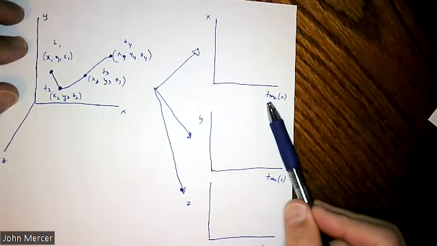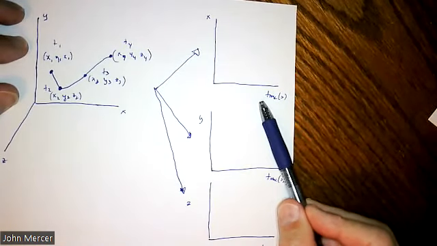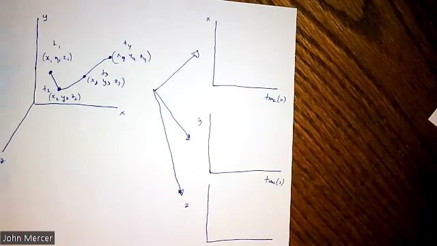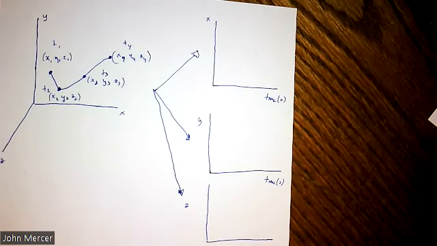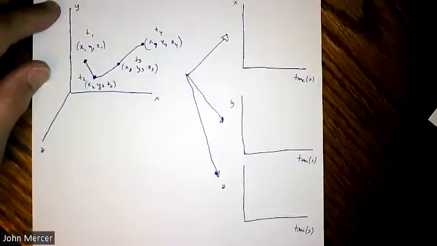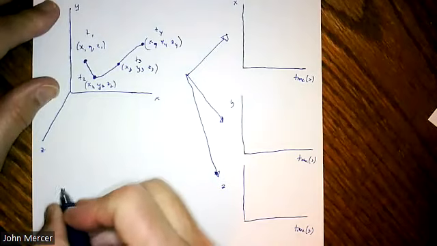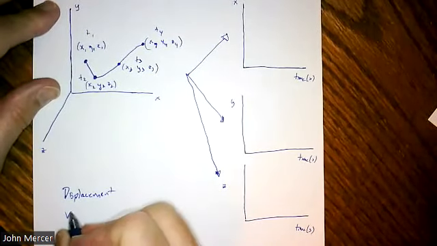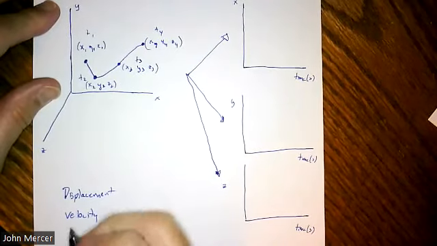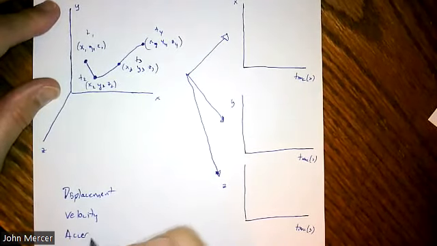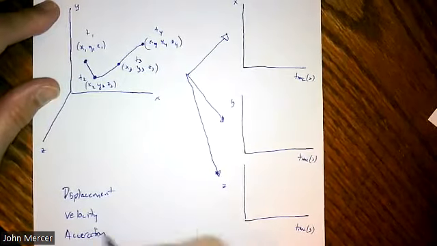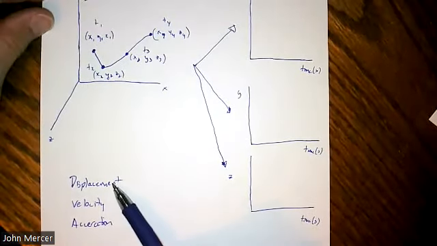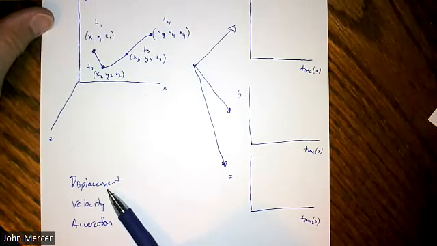But the key here is we can do 3 analyses with each dimension plotted against time. And the advantage of doing this is then we start to be able to get some information about some of our key kinematic parameters, such as displacement, velocity, and acceleration. We know displacement is change in position, straight line distance between 2 points.